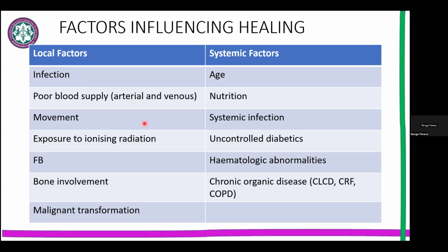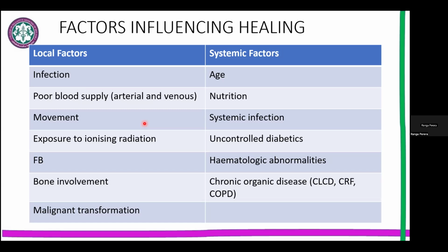Systemic infection: in a patient having systemic infection, wound healing becomes poor because all the body's healing mechanisms are concentrating on the systemic infection. Uncontrolled diabetes, obviously, right?